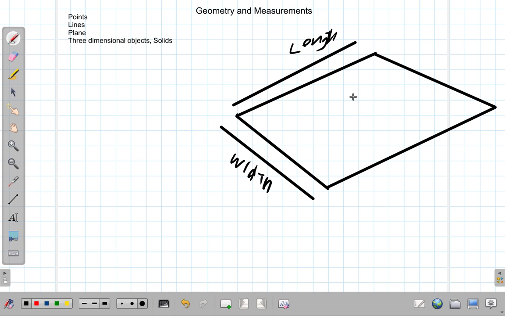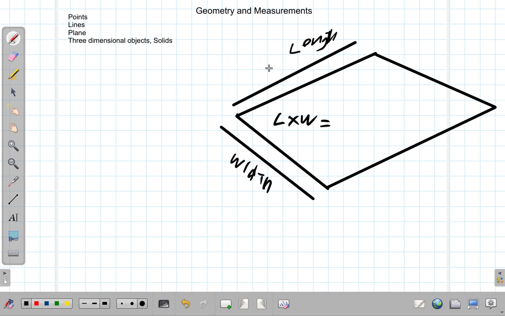Now what I have here can be calculated to be an area. For example, if I multiply the length times the width, I get an area.